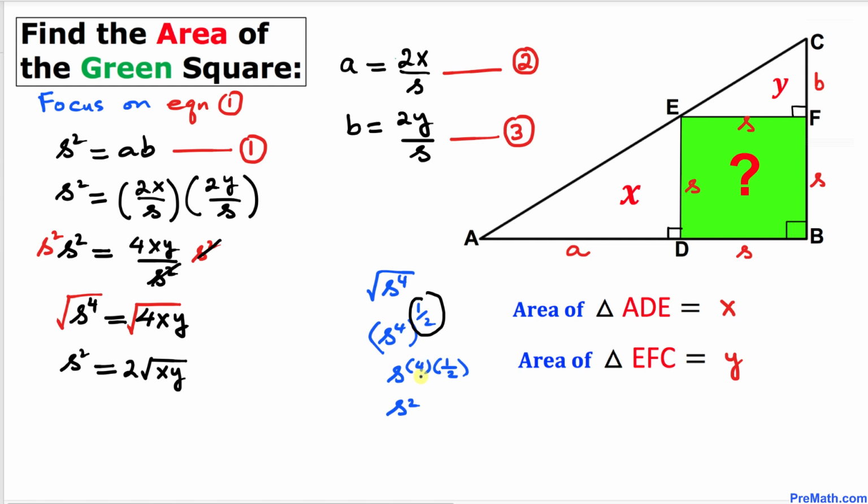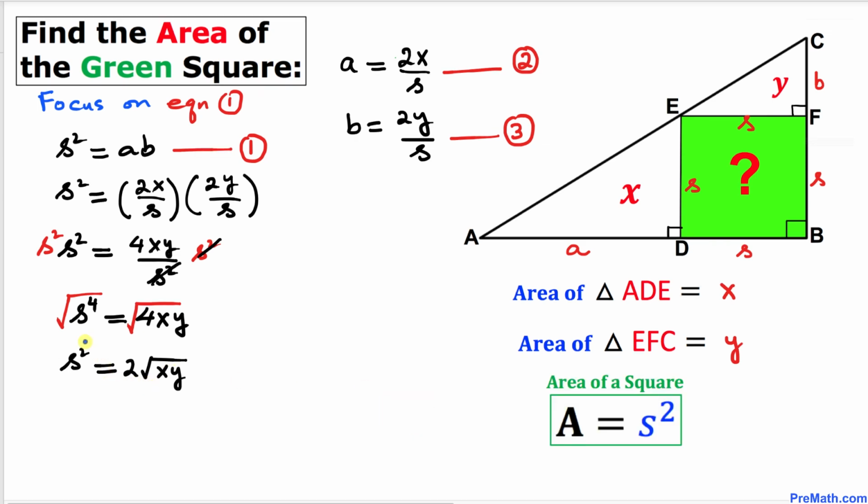So we multiply 4 times 1 over 2, and that is going to give us s square. And now we can see that this s square represents the area of this green square. So this s square is simply the area of the green square. Just keep that in mind.